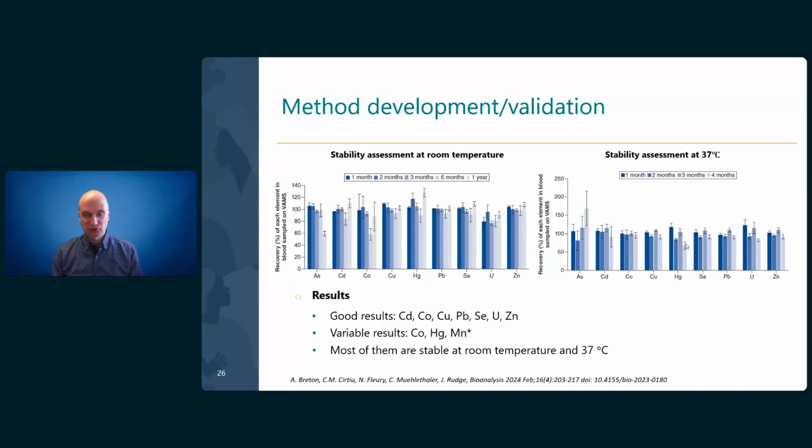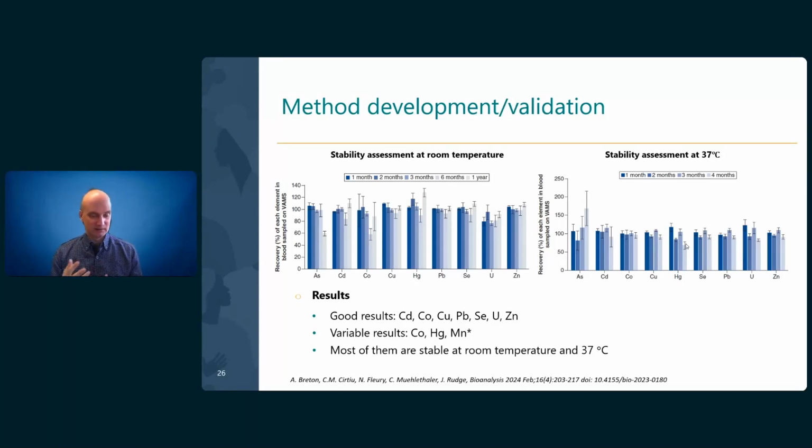Manganese is not shown here, because at the time when we performed this test, the lot of Mitra devices we had been using were highly contaminated in manganese. So it was not possible to monitor that element.